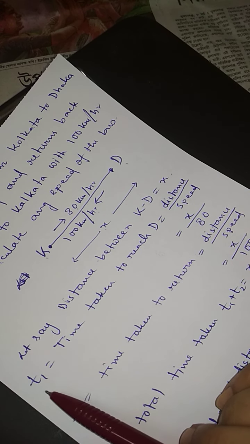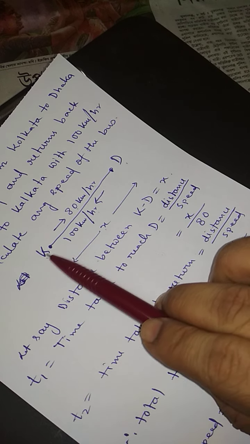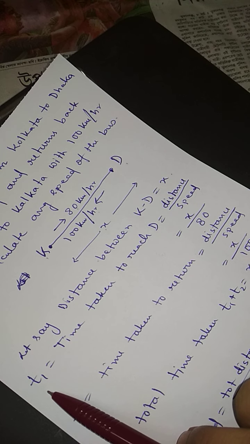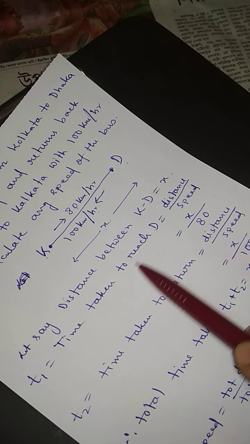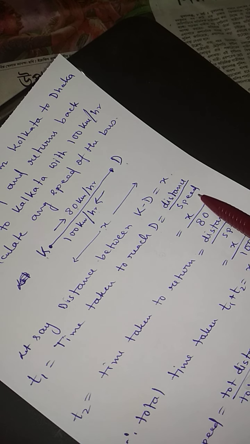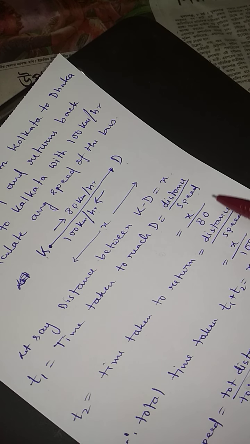Now let the time taken while going from Kolkata to Dhaka be t1. So time taken to reach Dhaka is distance divided by speed. The distance is x, and the speed while going to Dhaka is 80.